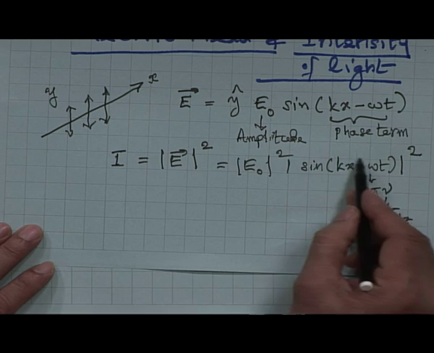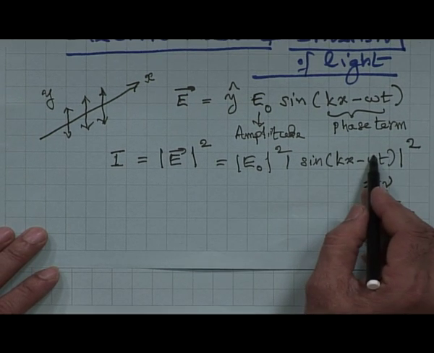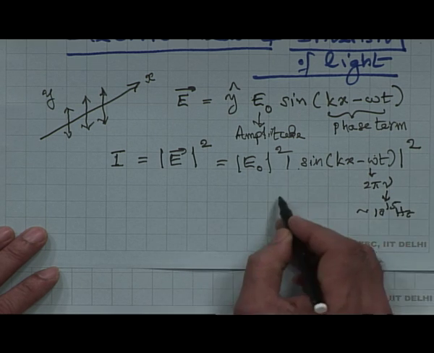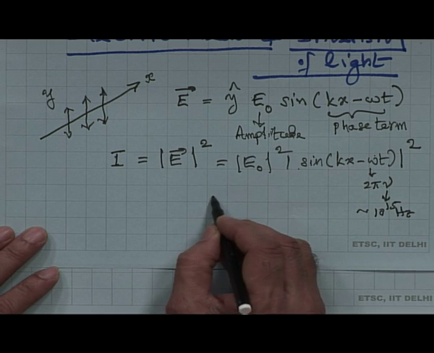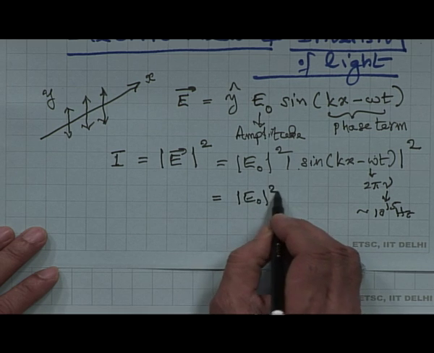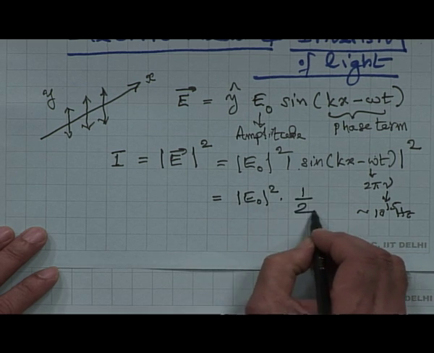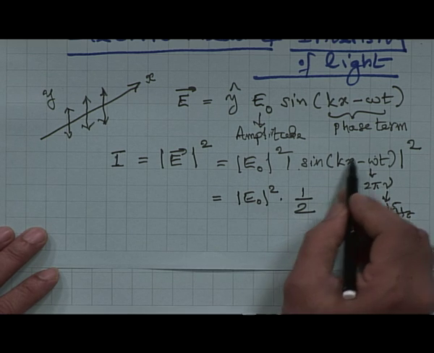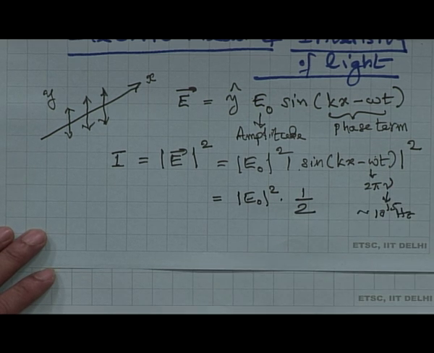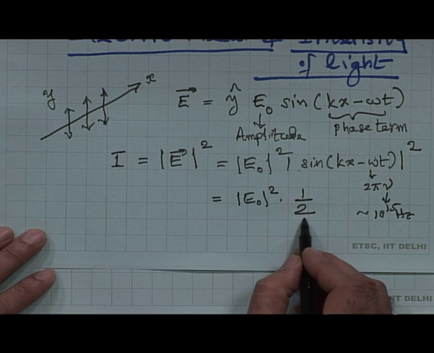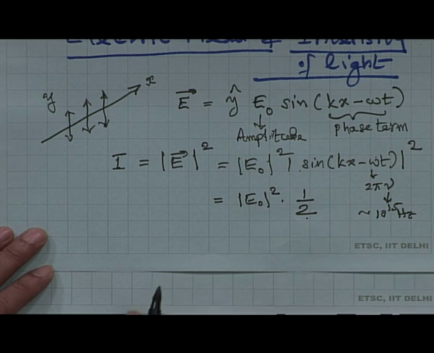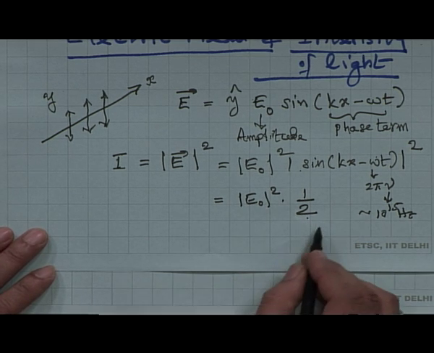Therefore, this is an extremely rapidly varying function, and you have to take a time average. This will be equal to mod E 0 square into half. If you take the mod square and take the time average, this comes out to be half. We have discussed this in the case of interference and intensity measurement.